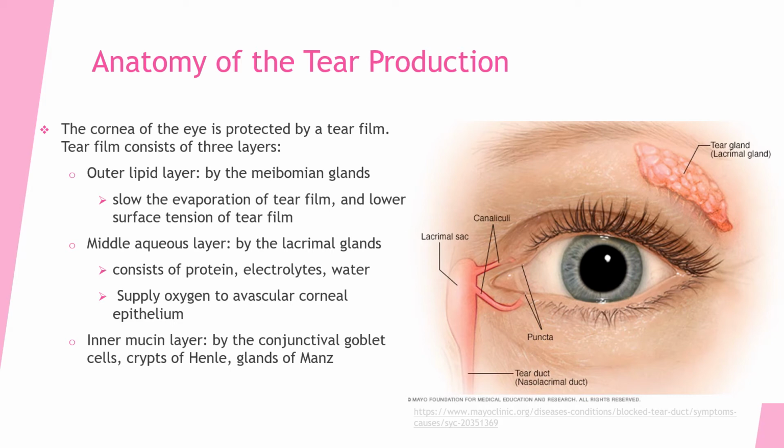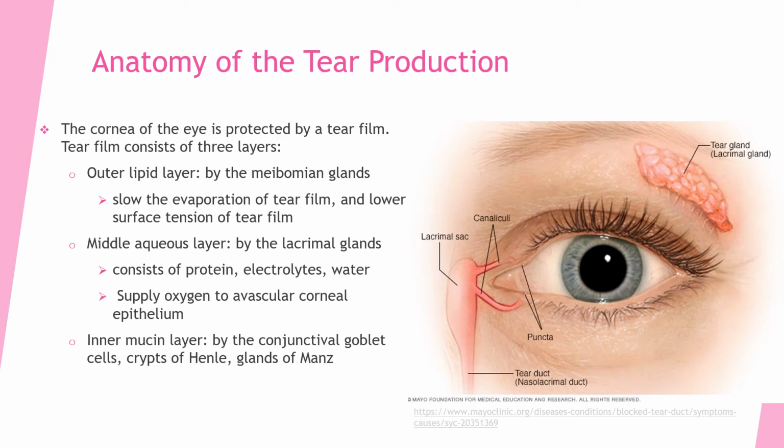This contains protein, electrolytes, and water, and also supplies oxygen that we talked about earlier to the outer layer of the cornea. So essentially, this layer is a nutritional supply layer for the cells.